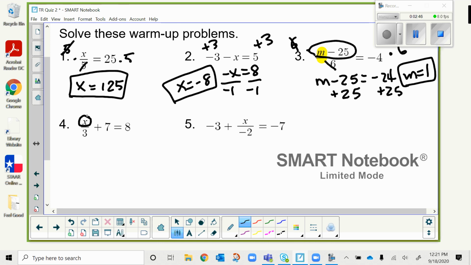So we're going to save that for the end, and we'll do -7 first. And then we multiply by 3 to get rid of it. So x equals 3.